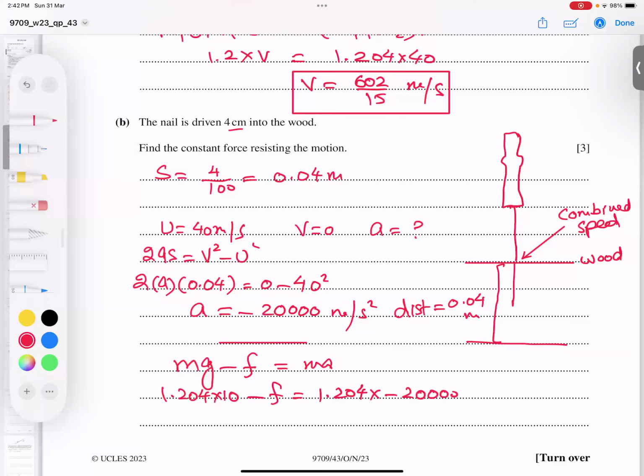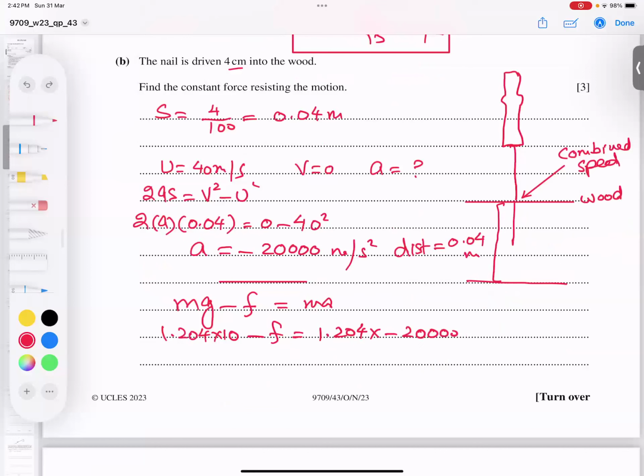So the question is, how to find this? It goes there, becomes positive, and this whole thing comes here. So let me calculate: 1.204 into 10 plus 1.204 into 20,000.